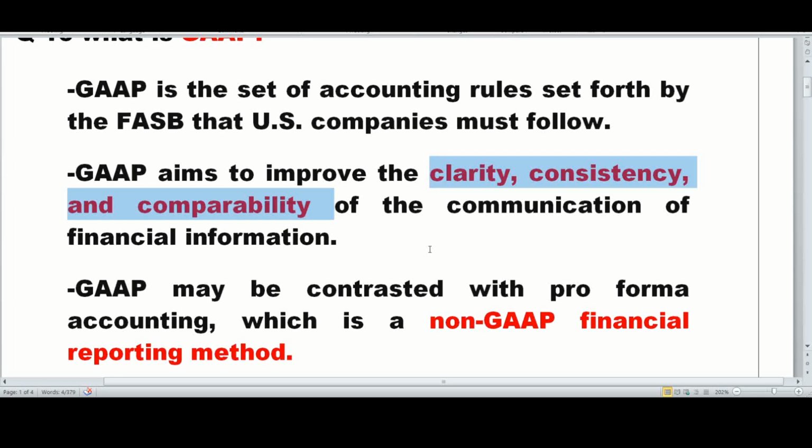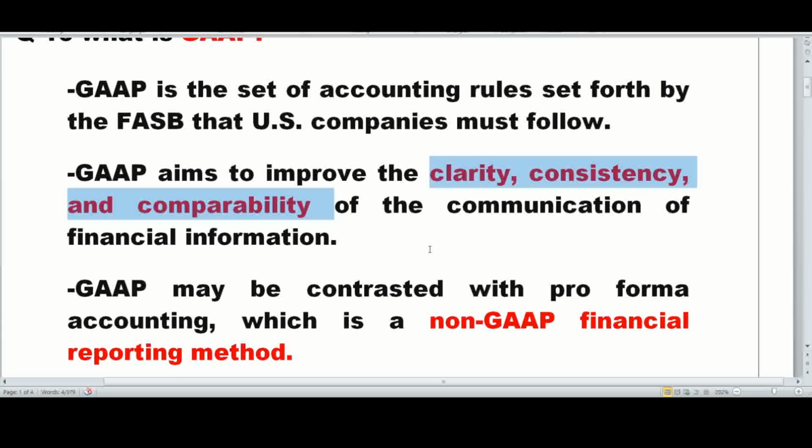So the objective of GAAP is clarity, consistency and comparability. If the enterprises are following that GAAP, then their ultimate financial results can be compared with one another, because they have followed the same principles of GAAP.